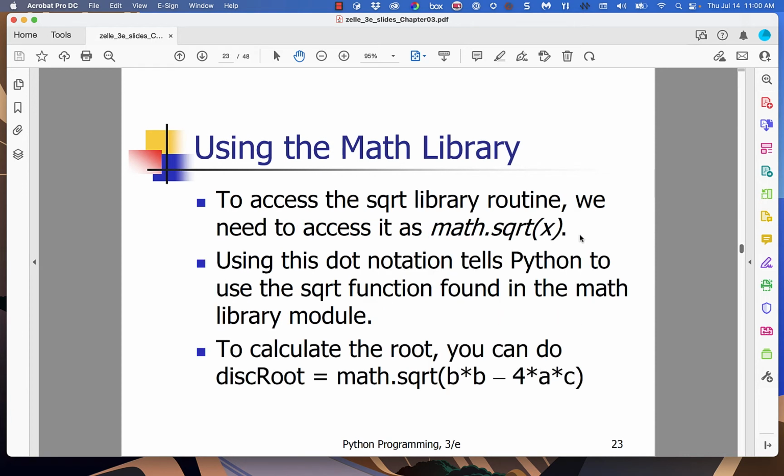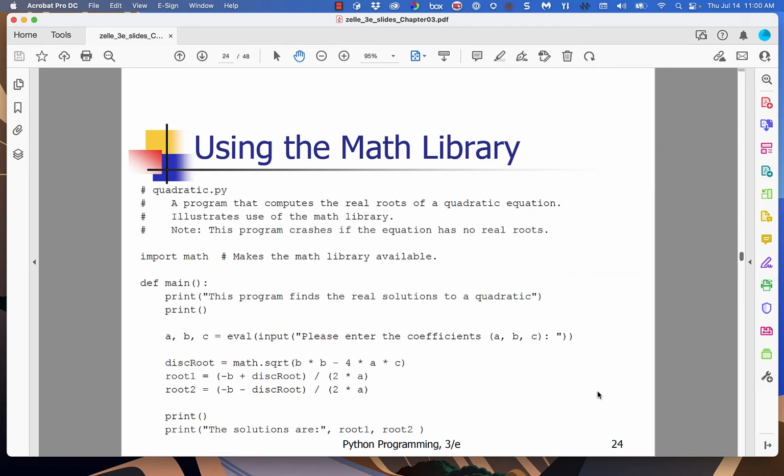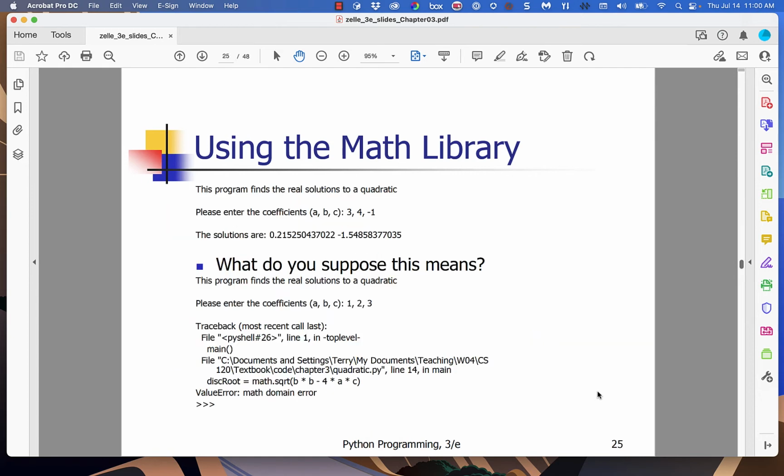We say that right here. Now, I'm just going to make that point without getting into the program. The quadratic program might be interesting. If you are interested in those things, I'll leave that for you to explore on your own.